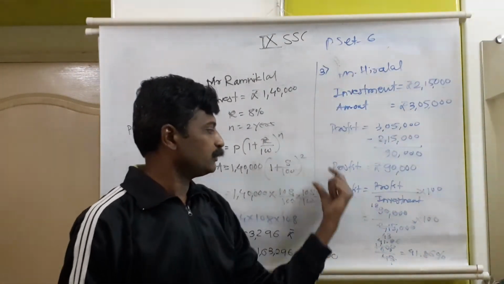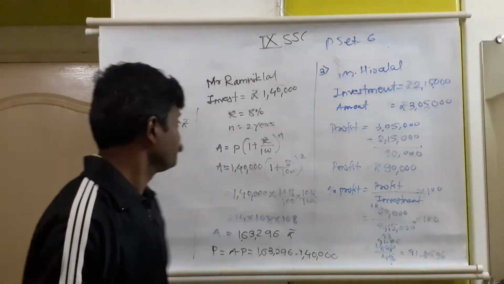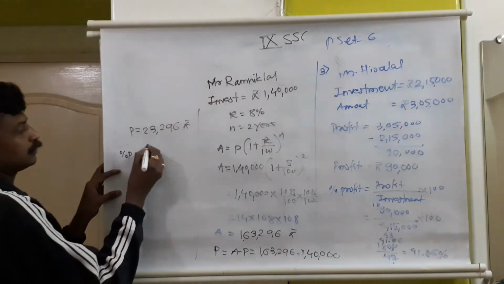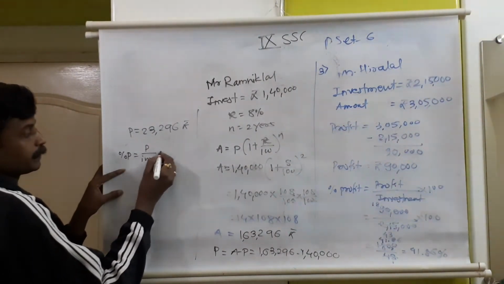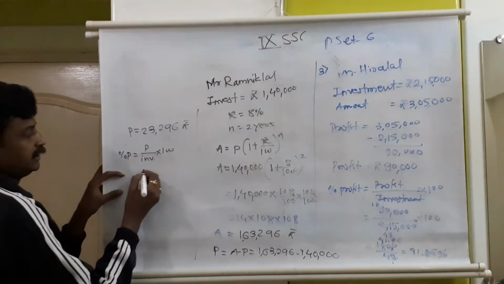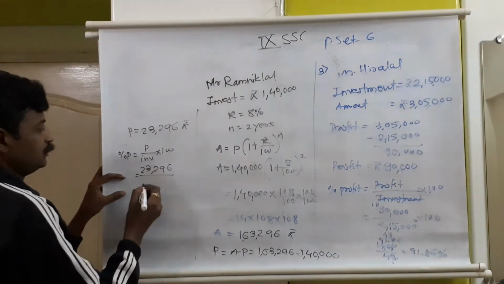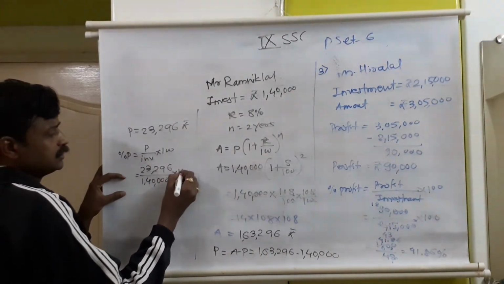For Mr. Hiralal, we converted it already. He is getting 41.86%. Good. Now for Mr. Ramnik Lal, let us find out: percentage profit is equal to total profit upon total investment multiplied by 100. His profit is 23,296. His investment was 1,40,000 into 100.